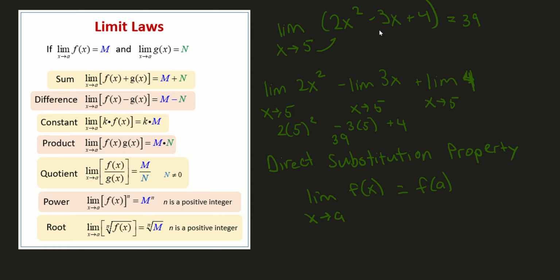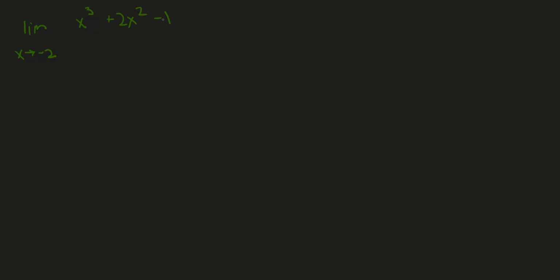Okay. Let's go through another example here. Let's say it said calculate the limit of this guy here. x approaches -2 of x to the third plus 2x squared minus 1 over 5 minus 3x. So let's go back to that direct substitution property. It's saying, hey, if you can just find function value at that point, then you're good to go.